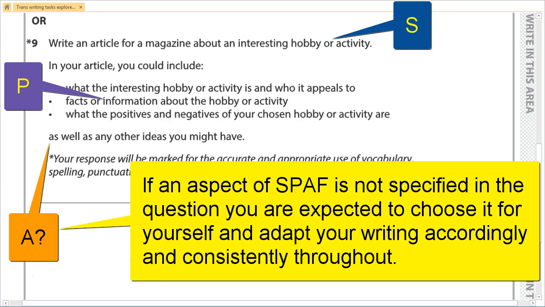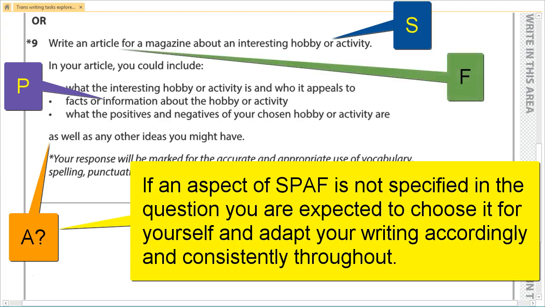You might decide that you're going to use the two non-fiction texts quite a lot for your inspiration, and you might decide that this article is actually going to appear in a climbing magazine or an extreme sports magazine, and therefore you can use lots of technical vocabulary that you might be able to pick up from those two non-fiction texts to appeal to your target audience, who are people who have an existing interest, knowledge and expertise in the area of climbing or extreme sports.